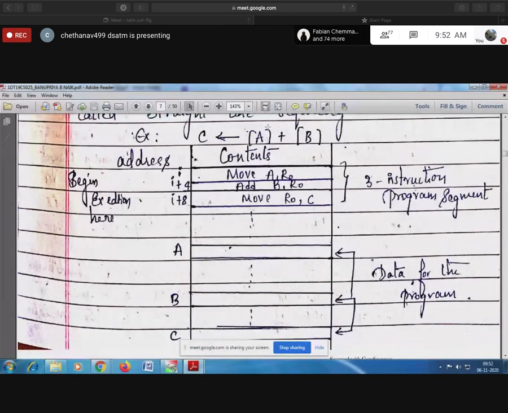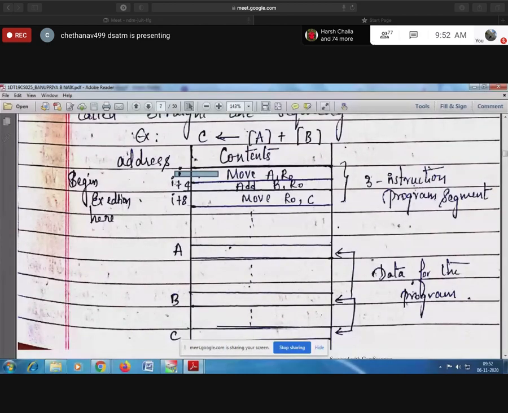Next, either you can move b to r naught, or you directly add b comma r naught, because anyway r naught is having the data. Now you directly add b comma r naught so that you will get the result of a and b. That data I will send to c. While executing, first the line move a comma r naught will execute.